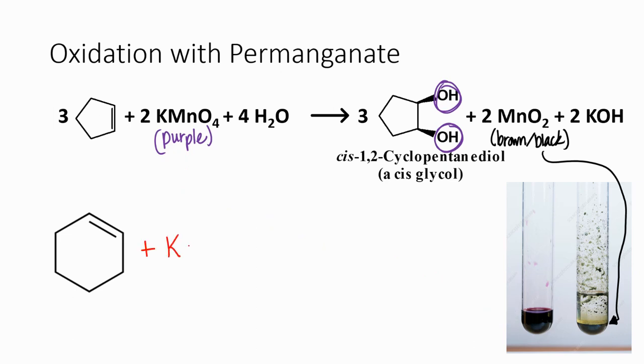What if we use potassium permanganate to form this diol? Well, we just want to remember that it is going to be cis. That it's going to add OHs on the same side.